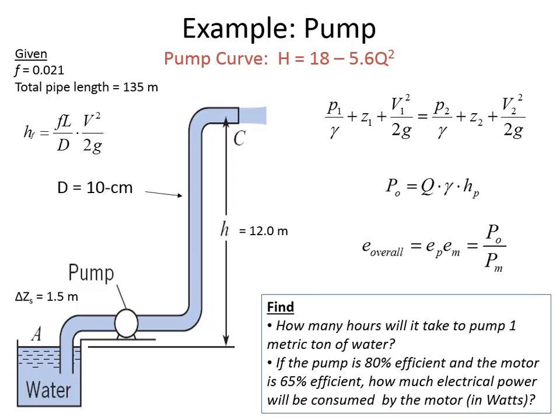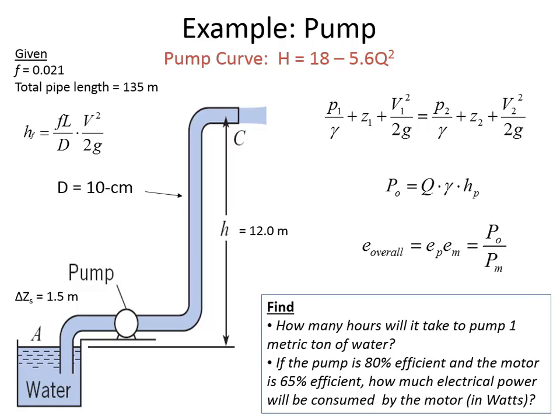And now the pressure at 2 is 0 because you can see that's discharging into a jet. So on the outside of the pipe, once the water comes out of the pipe, it doesn't have any pressure anymore. But it's going to have an elevation, Z2, of 12 meters. And now we have to take into account the velocity head there because it still will be moving.